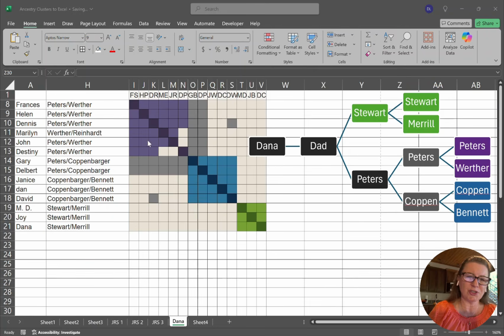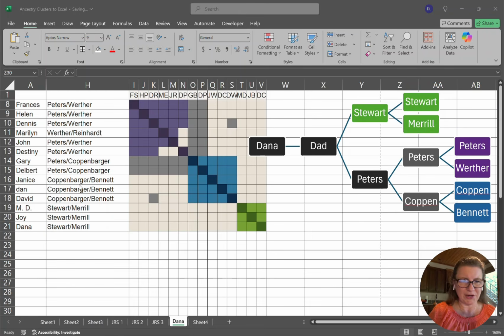And so that shows you who's in a cluster. On this purple, we usually think there's a common ancestral couple, but that's not always the case. The Peters Werther are primarily the couple that everybody's clustering around, but we also have Marilyn, who's not a Peters Werther. She is only related to the Werther side. She goes back a generation further. And then we have a couple that are both purple and blue, Gary and Delbert, and these are the Peters Koppenberger.